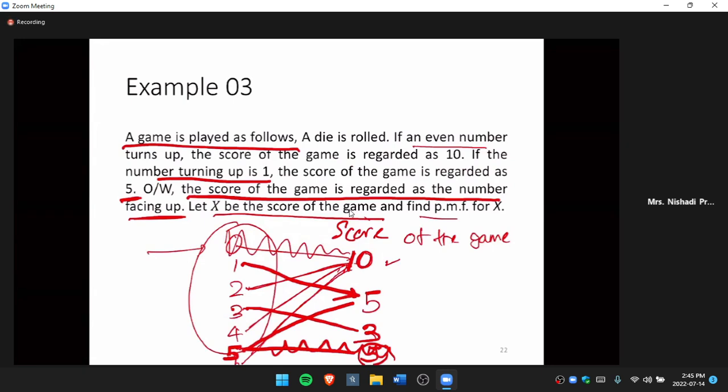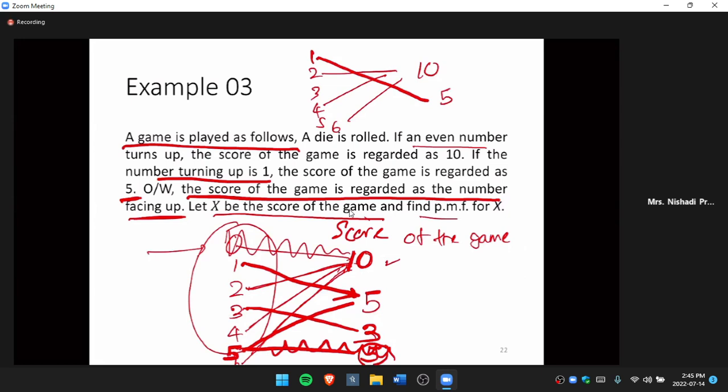So if we get an even number, 2, 4, 6, the score of the game is 10. If the number turning up is 1, the score of the game is regarded as 5.